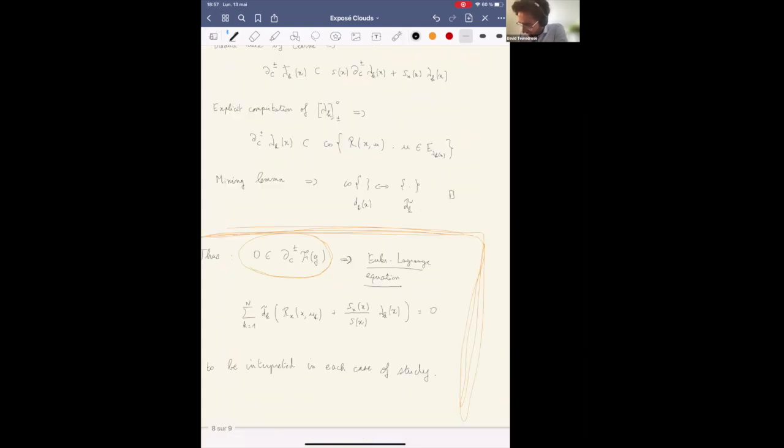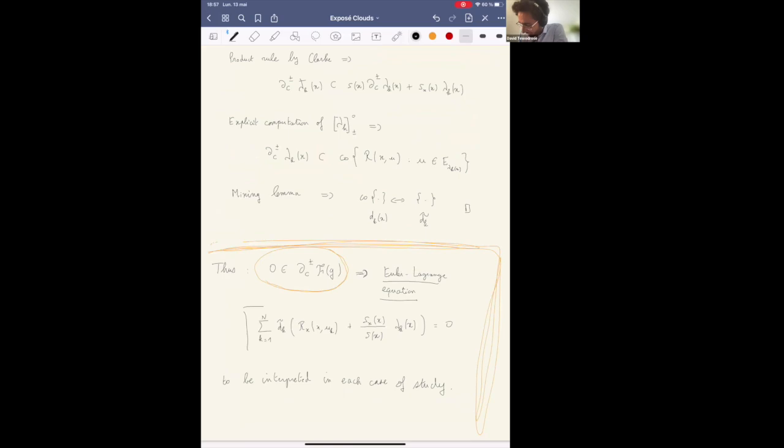We just need to compute the Fréchet derivative of our Rayleigh quotient and of the scaling to obtain something concrete in each case of study, out of which we can deduce geometric properties that we are interested in.